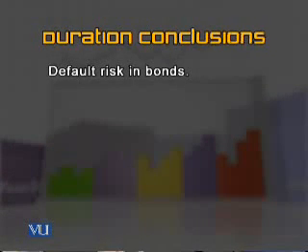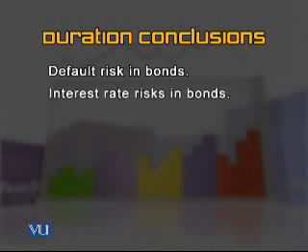When we were talking about risks in bonds, did we forget? We talked about the default risk in bonds and the interest rate risk in bonds. These were things that we considered when we were talking about bonds.